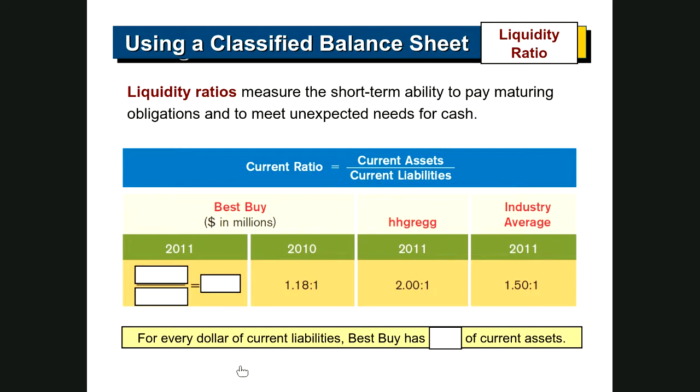Doctor, if the liabilities are more than the assets, we will get it less than one, yeah? Correct. If the liabilities are more than the assets, the number is going to be a fraction. So it is going to be less than 1 is to 1. So it's going to be 0.5 is to 1 or 0.75 is to 1. That means for every dollar of liability you have only 75 cents in assets.